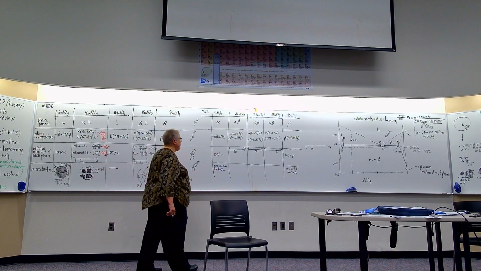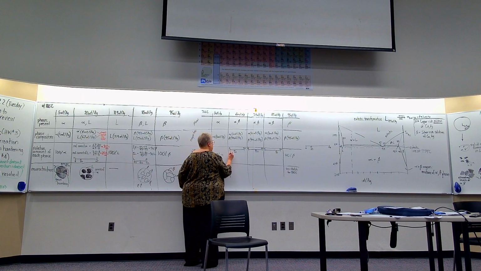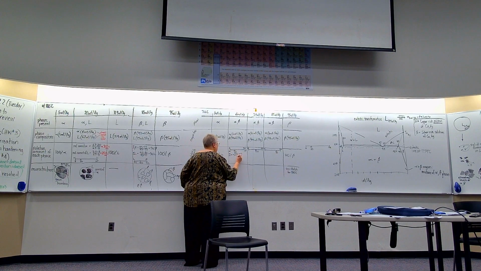All right, so my calculation: this is alpha here, that's beta there. So percent alpha is 94 minus 20 divided by 94 minus 6. And the percent beta is 20 minus 6 over 94 minus 6.